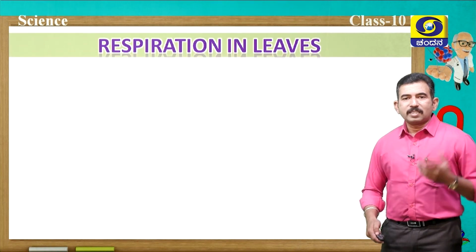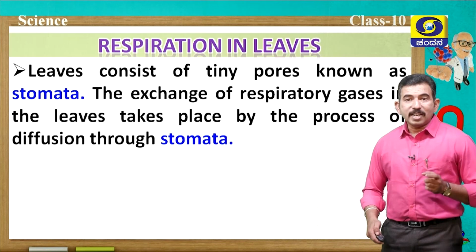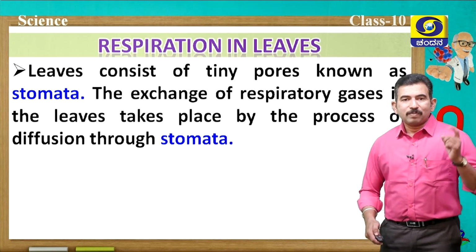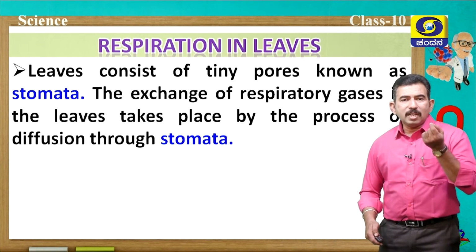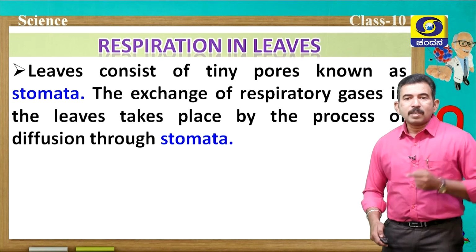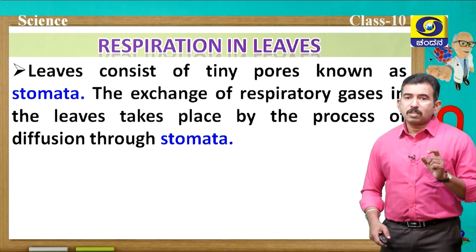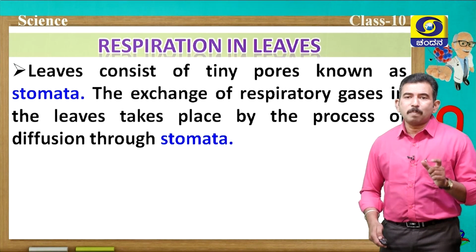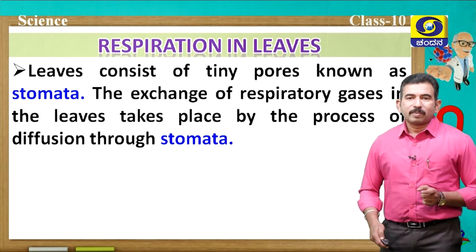Now, let us discuss respiration in leaves. We have studied in the first session that the leaf surface consists of tiny pores called stomata. Through these stomata, the exchange of gases takes place. Opening and closing of the stomata is mainly controlled by guard cells present in leaves.